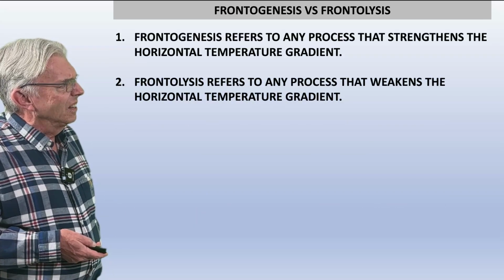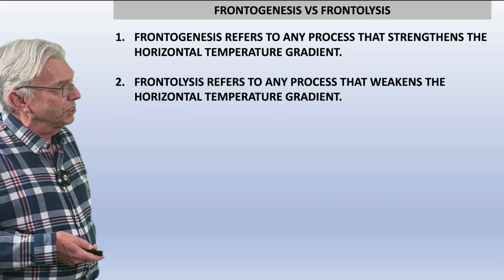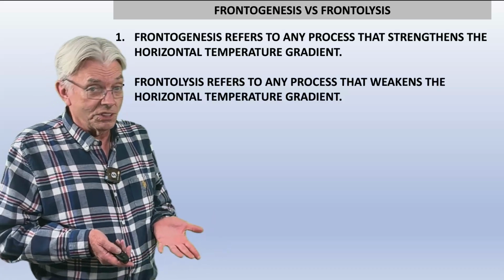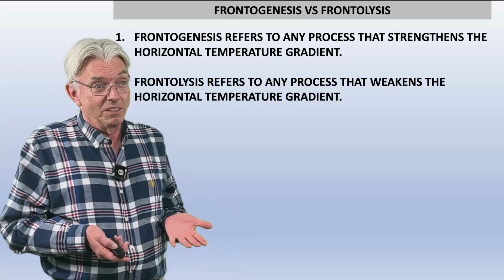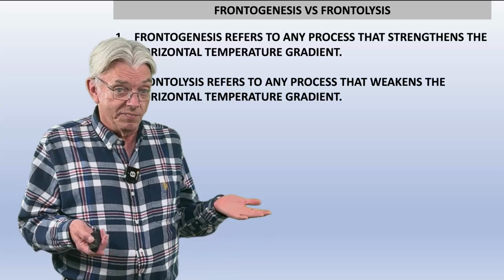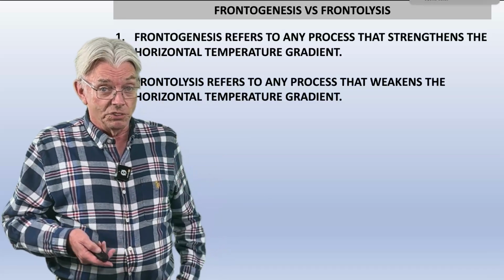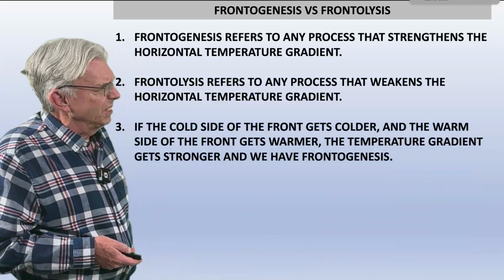And so that would be an example of frontogenesis. Now, frontalysis refers to any process that weakens that gradient. So let's say it starts off at 40 and 60, and a couple hours later it's 45 and 55. So the gradient has decreased. There's not as much contrast, and so that would be an example of frontalysis.